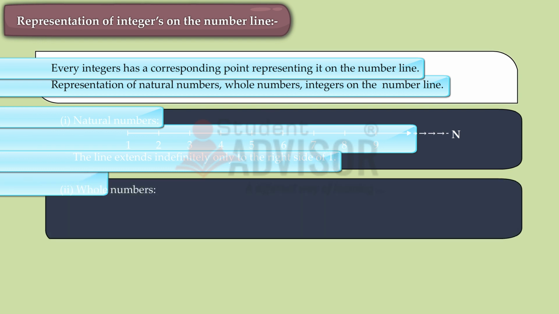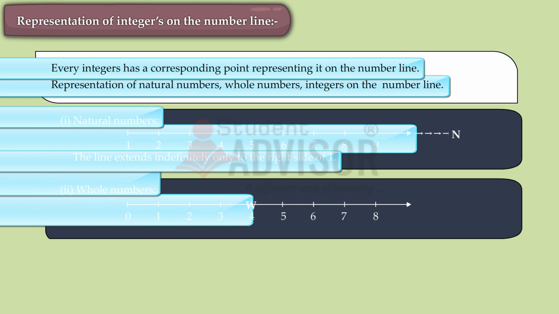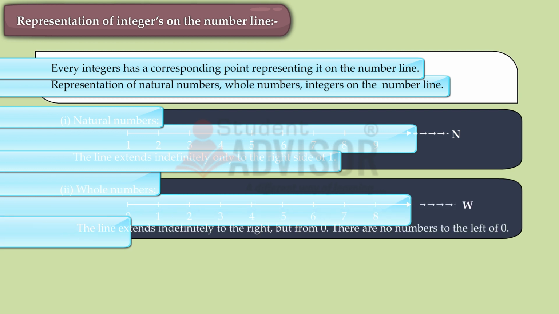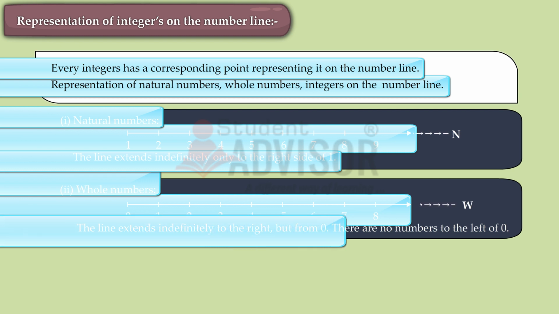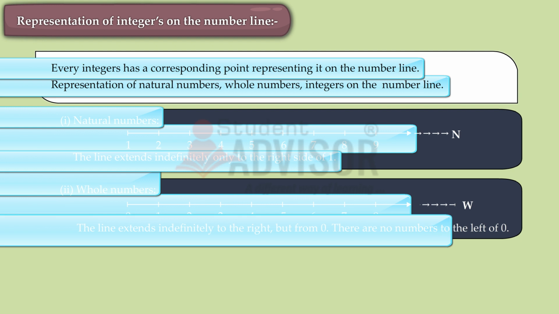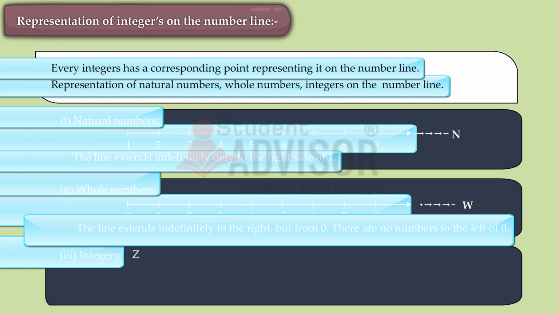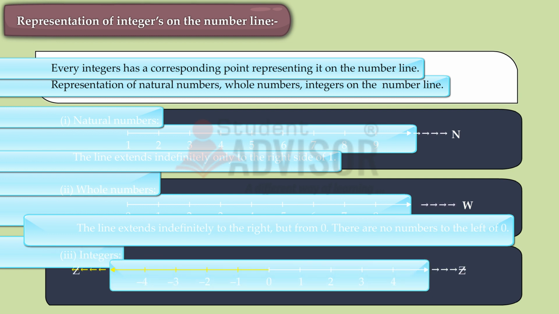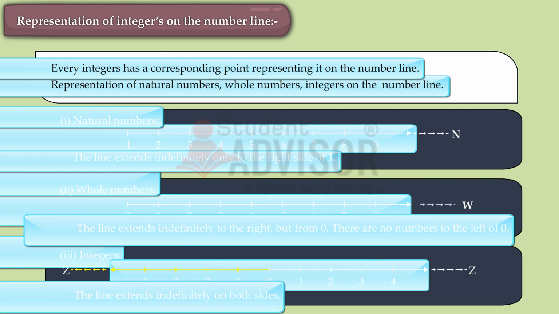Whole numbers: the line extends indefinitely to the right but from 0. There are no numbers to the left of 0. Integers: the line extends indefinitely on both sides.